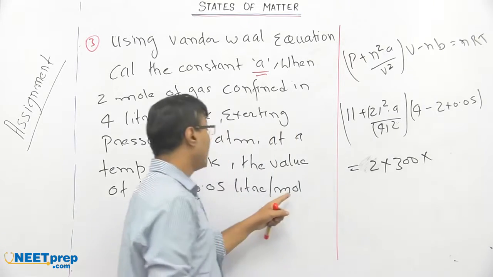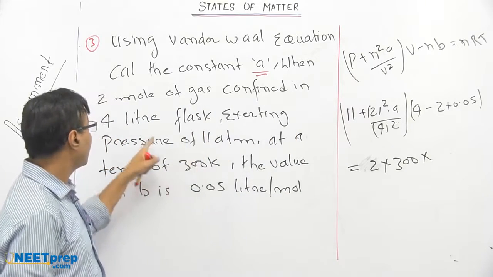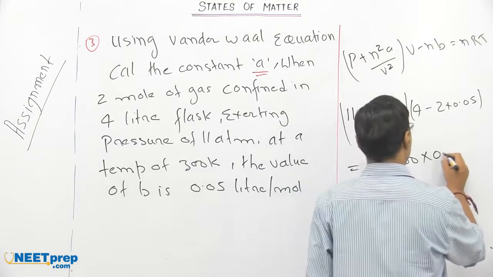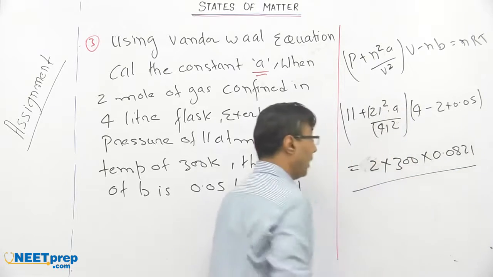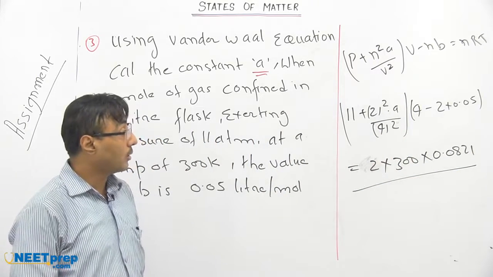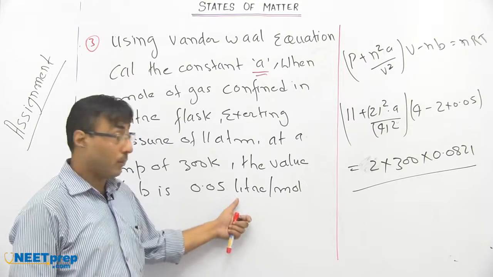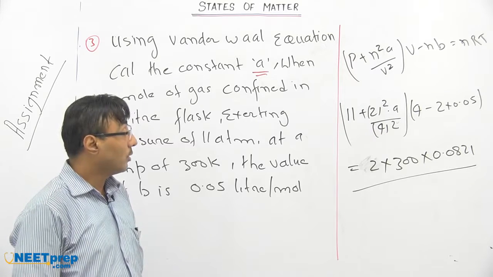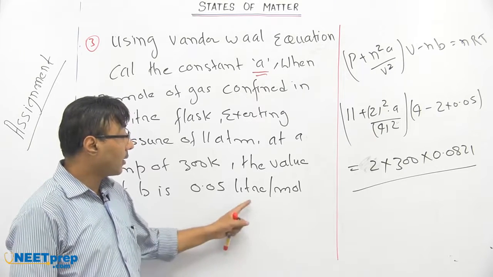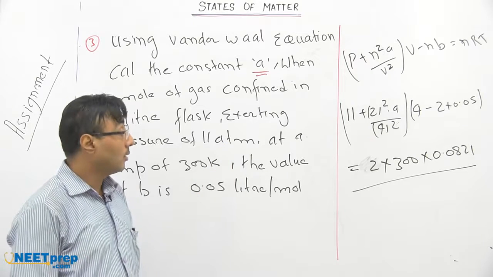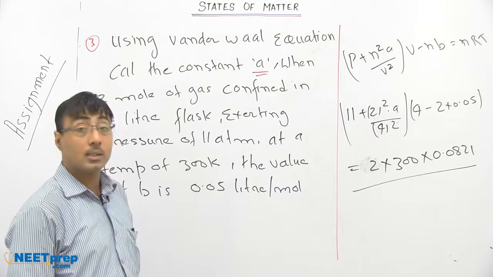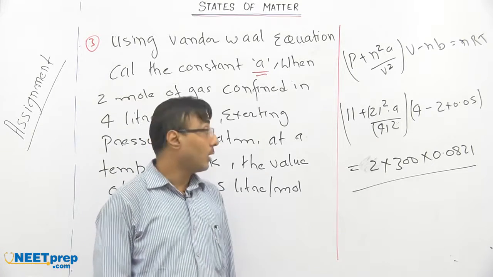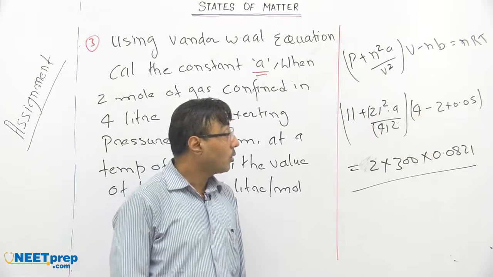Because it's liter mole and pressure is in ATM, pressure is given in the ATM, so we have to take the value of R as 0.0821. हमें ये ज़रूर देखना है कि R की यूनिट कौन सी लेनी है. अगर यहाँ पे न्यूटन मीटर वगैरह यूनिट दे रखा होता तो हमें लेना था 8.314, लेकिन यहाँ पे इसने लीटर मोल और एटमॉस्फेयर दे रखा है, तो यहाँ पे ये वैल्यू सेट करती है. So we have to solve this part only, and after solving this part we are going to get the answer.